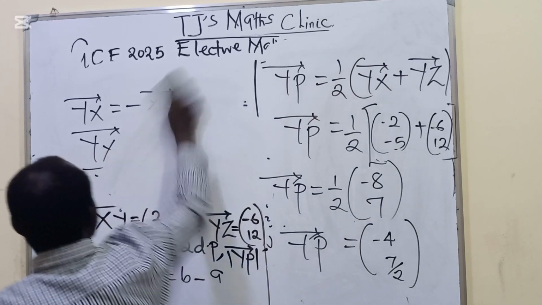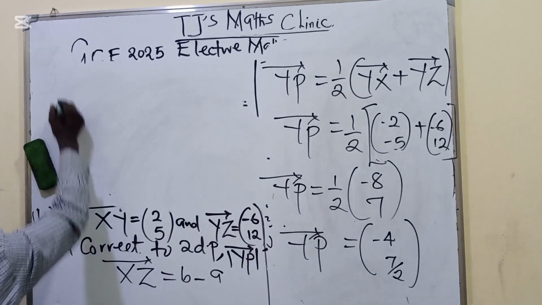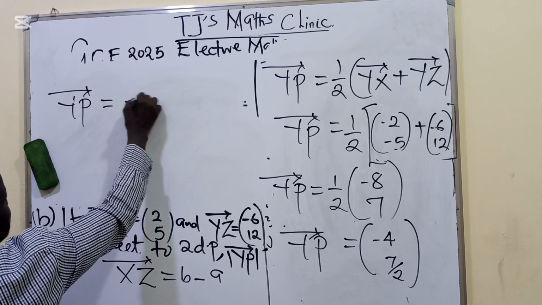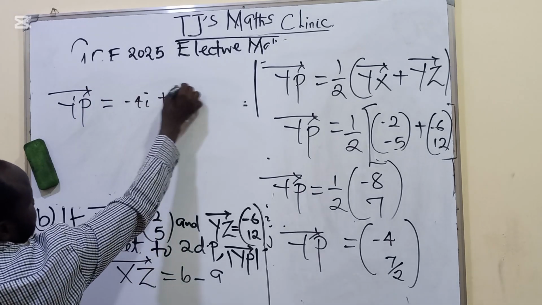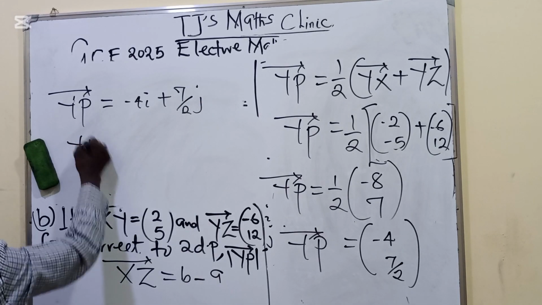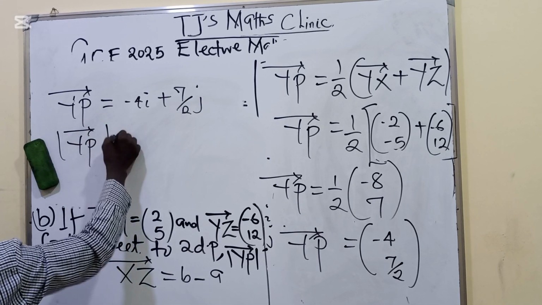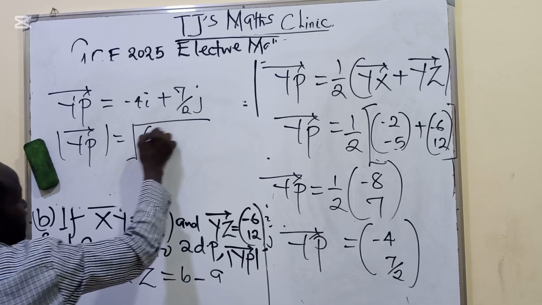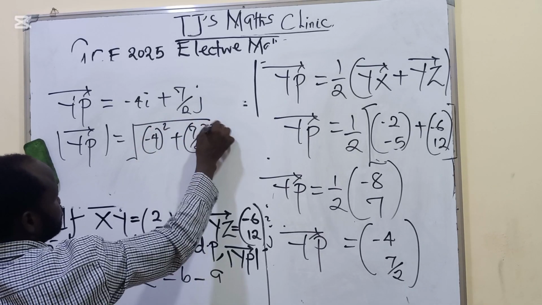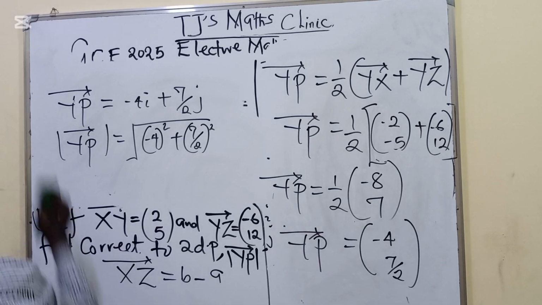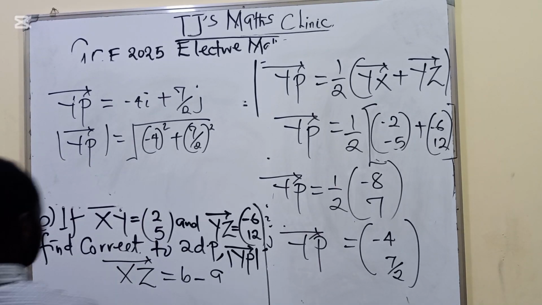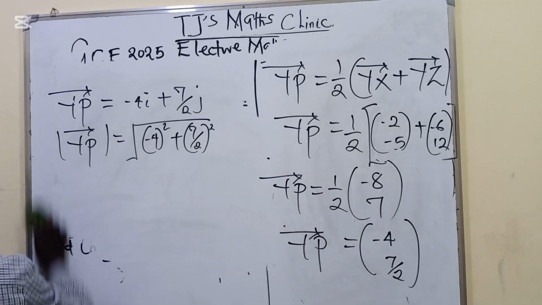To achieve that, we can write vector YP as minus 4i plus 7 divided by 2 j. So the magnitude of YP will be the square root of minus 4 squared plus 7 divided by 2 squared. Very important. Let's use our calculator because we are asked to leave our answer to 2 decimal places.